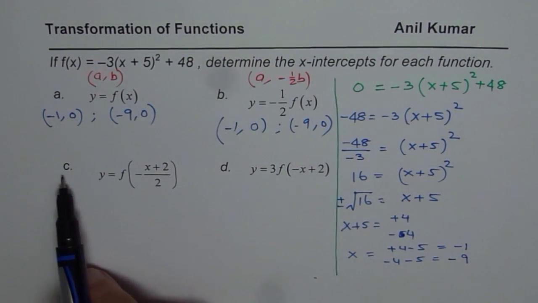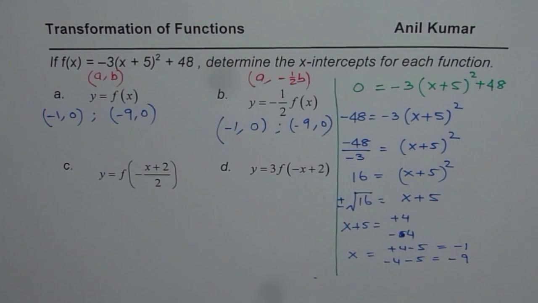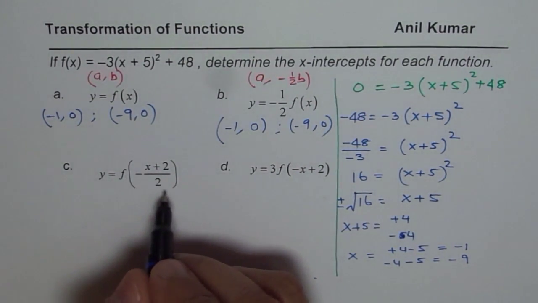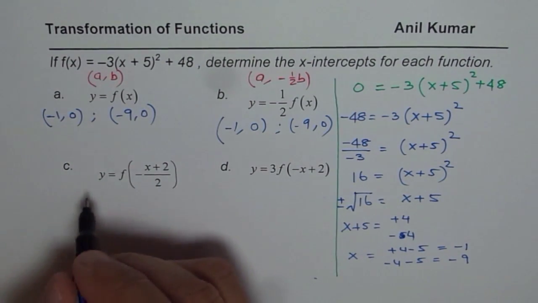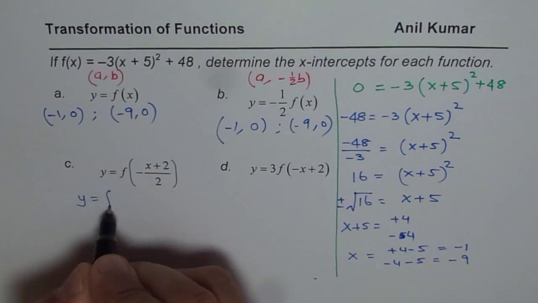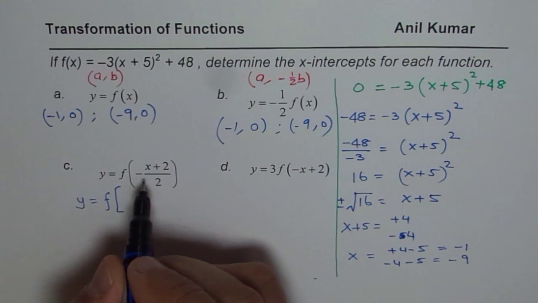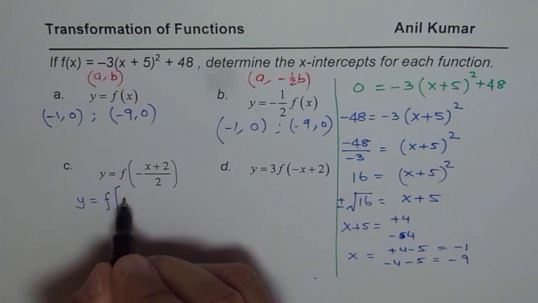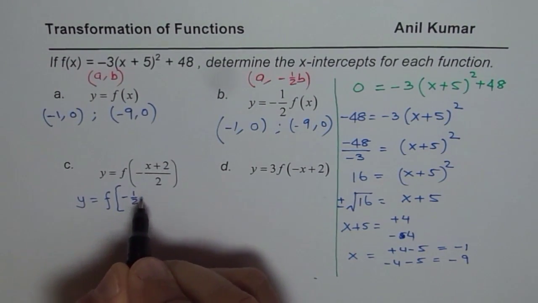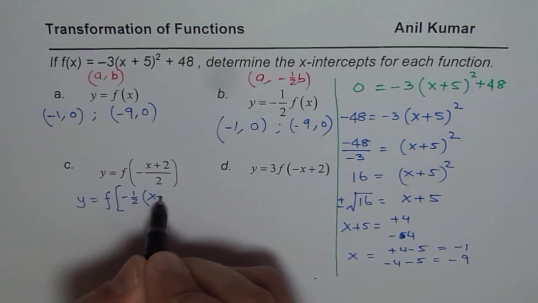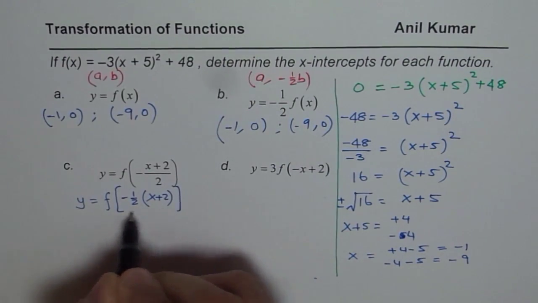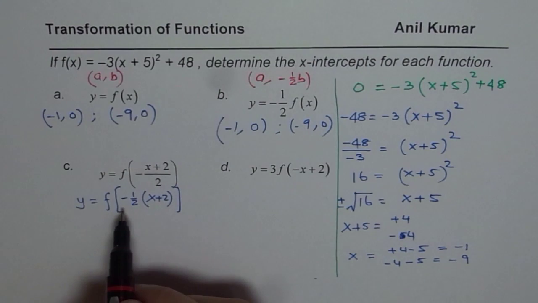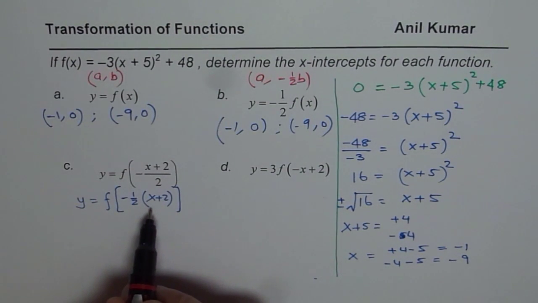Now let's look into part C. What really happens here? This equation should be rewritten to really understand what is going on. So let me write this as y equals minus half f of, and within brackets we have (x plus 2). You get the idea, right? If that is the equation, then how will x and y coordinate points change?